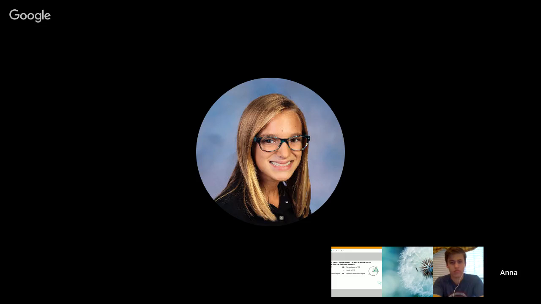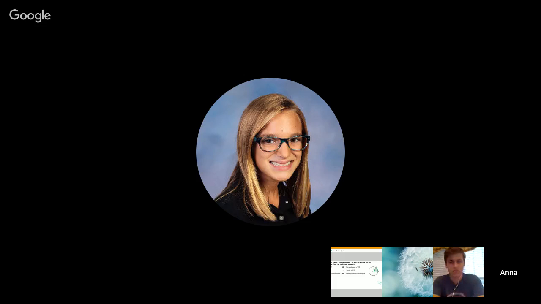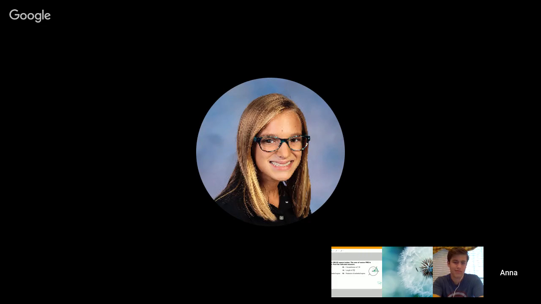Is it 125? Oh, wait. I messed up something on my calculator. Hold on. I was going to say it looks like an acute angle. I mean, the pictures aren't always to scale, but it does look acute. Okay, I got 58.5.